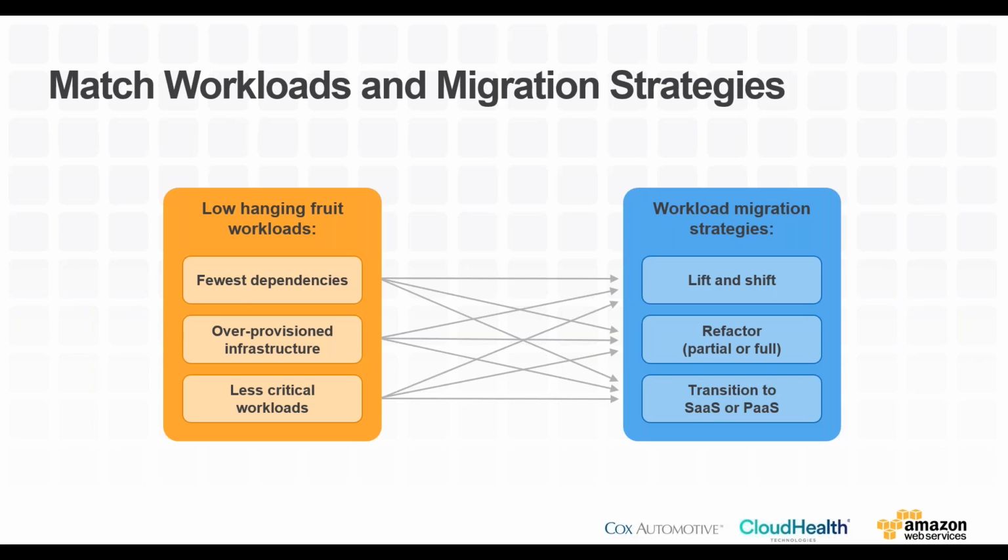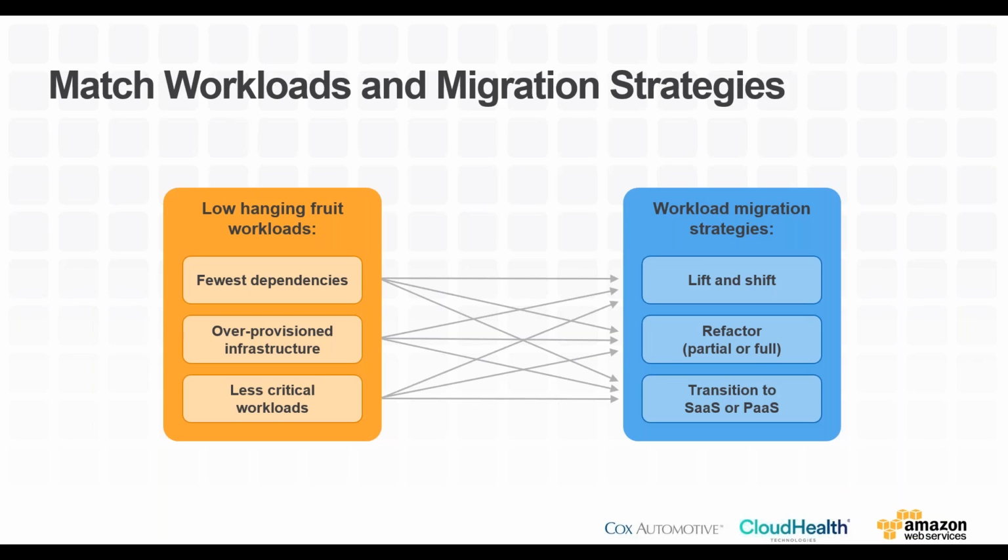And then there are multiple different approaches you can take to migrating those workloads. Lift and shift is a common one, where organizations pick up the workload, move it into Amazon exactly as is, and then run it. But we also see increasingly, and this is very common across our customer base, both partial refactors as well as full transitions, full redesigns of applications to really take advantage of the full services and underlying fabric of Amazon.